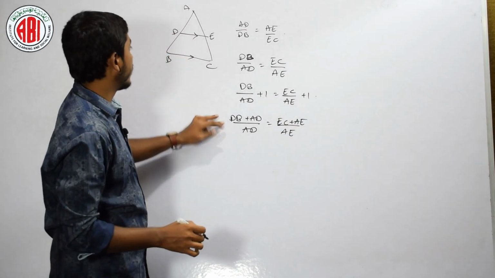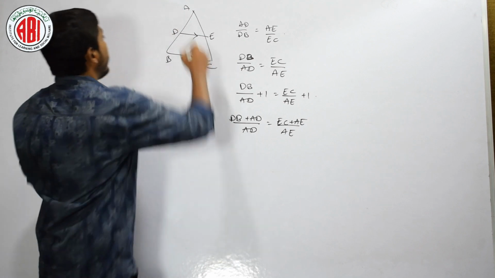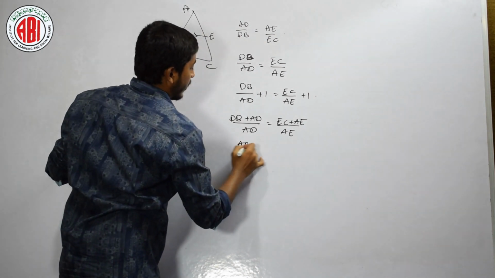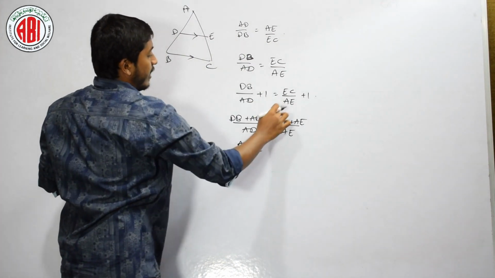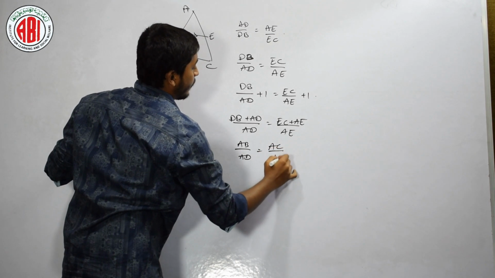If we observe, what is DB plus AD? DB plus AD is nothing but AB. Is it right? That is equal to, here also, EC plus AE, which is nothing but AC.